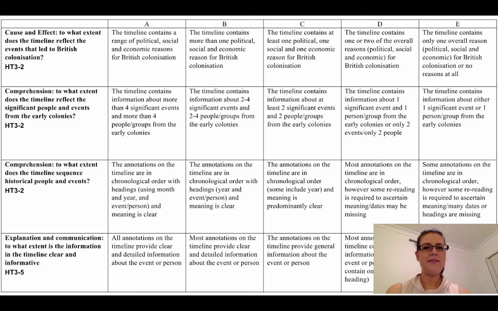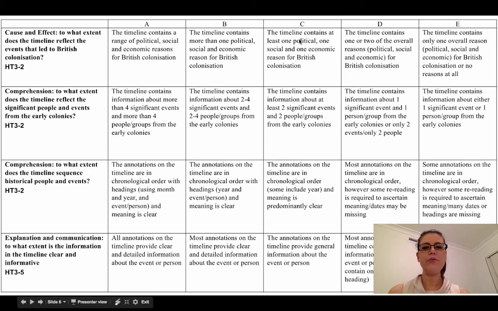This is the marking guide, the marking rubric that the teachers will be using to mark your timeline. And I'll just talk through very quickly the different criteria here. So your timeline is going to be judged on how well it shows the events or the reasons that led up to British colonisation.